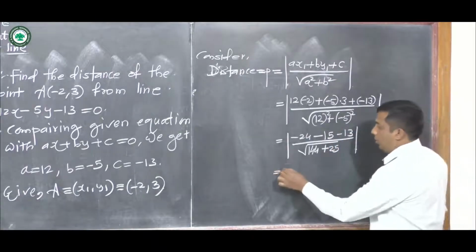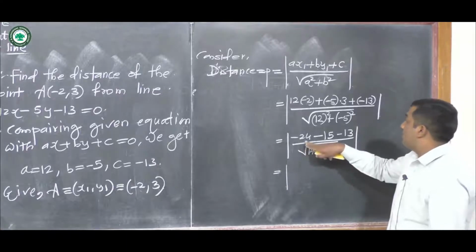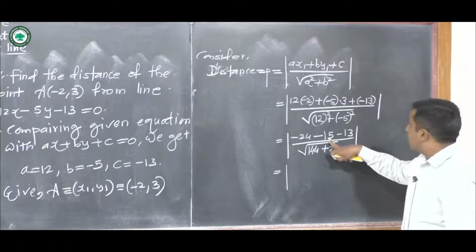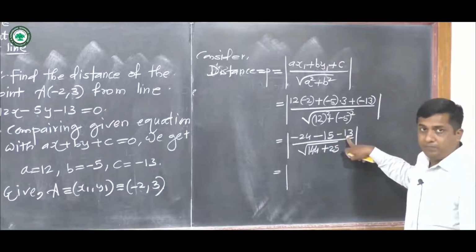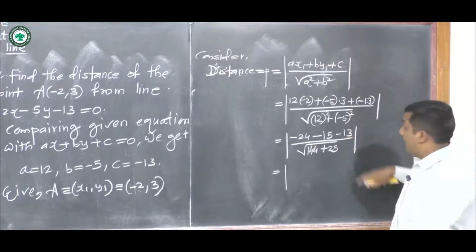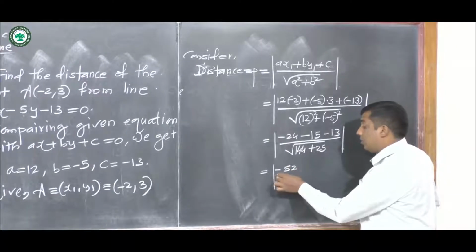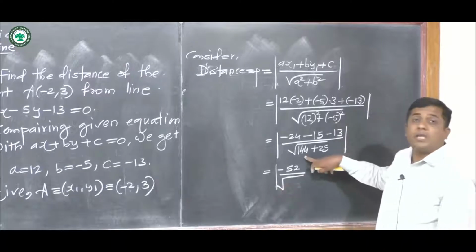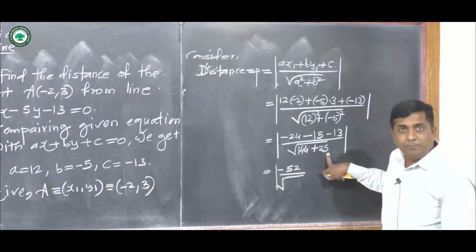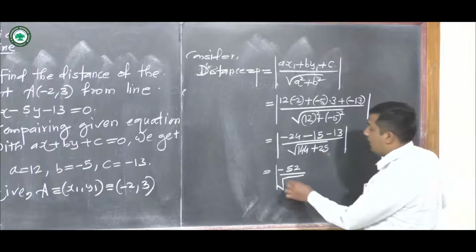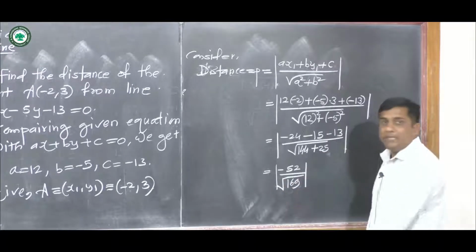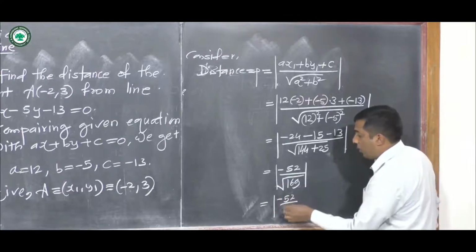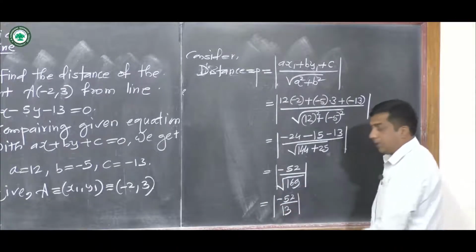Now this is equal to, -24 minus 15 is -39, -39 minus 13 is -52. This divided by, inside the square root, 144 plus 25, which is 169. This is equal to -52 upon square root of 169, which is 13.